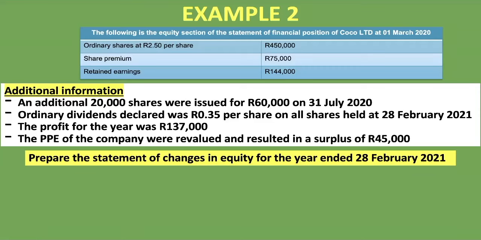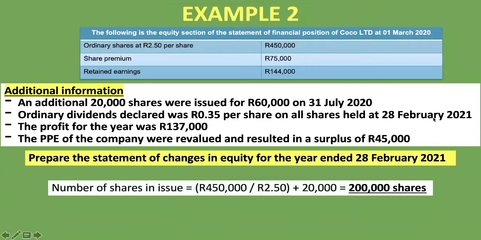So we take the 450,000 rand, divide by 250, and it will tell us how many shares we had at the beginning of the period. And we know that we issued an additional 20,000 shares. So we'll just add the 20,000 shares, and it will give us the total number of shares we have in issue at 28 February 2021, or at the end of the period.